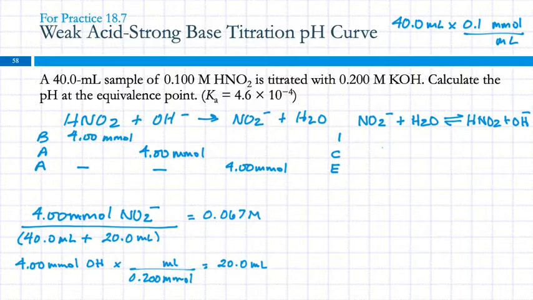It's a little bit like this exam problem, because when these react, they go all the way to the end, and then we're going to look at it coming back a little bit. All the acid's been neutralized. So what I've got is 4 millimoles per 60 milliliters of nitrite, which is a weak base, and that comes out to be 0.067 molar.